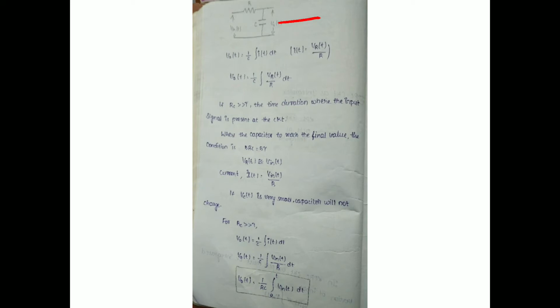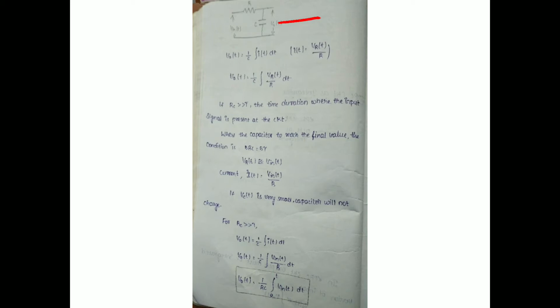V naught of t is equal to 1 by C integral I of t dt. Here I of t, according to Ohm's law, is equal to V by R. So V naught of t is equal to 1 by C integral VR of t by R dt.